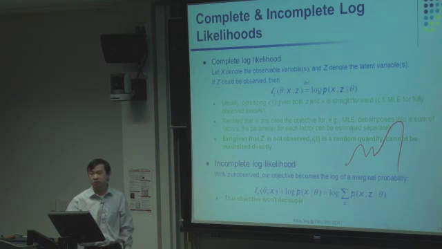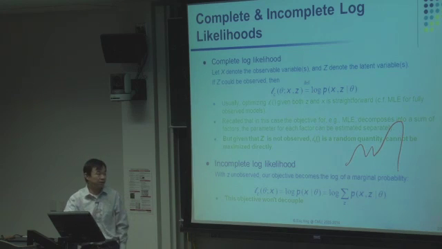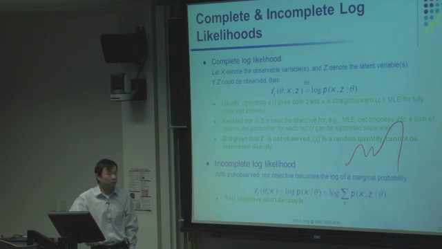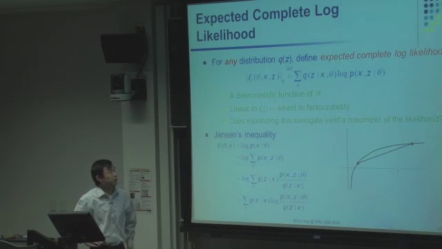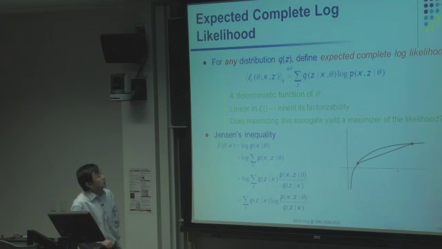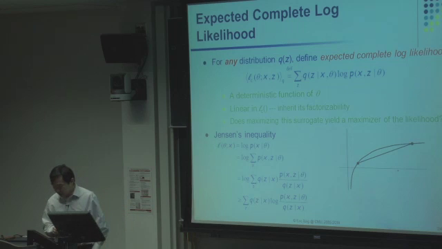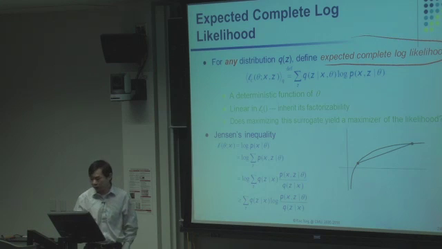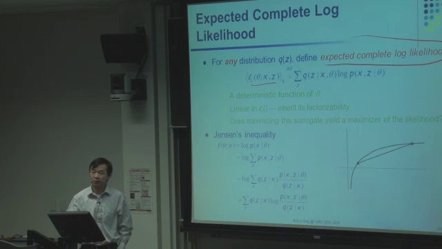So we need to do some surgical operation on this, hopefully to make it easier to deal with, like what we did in the GIS algorithm. Here is a trick. Let's first introduce a general notion of the expected complete log likelihood. After all, we like the complete log likelihood over the true likelihood, because the complete likelihood is a factored multiplication of many components.